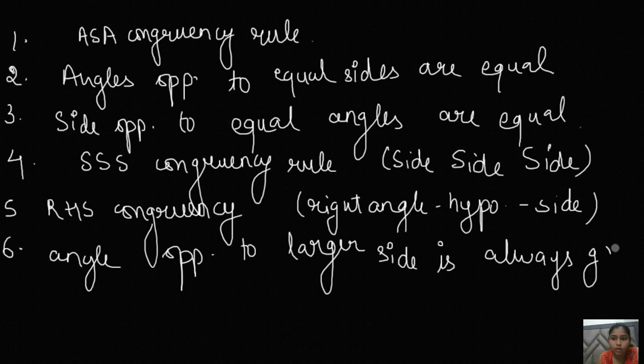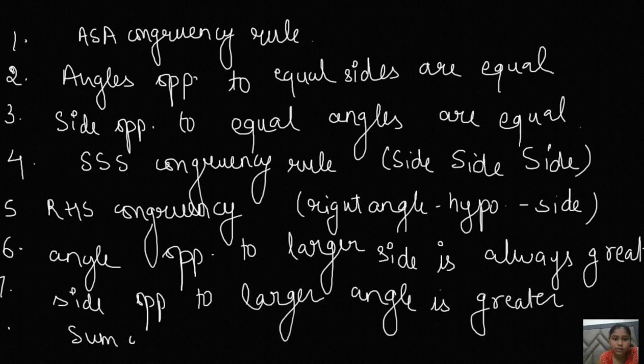Our seventh theorem was that the side opposite to the larger angle is greater. And our last theorem is that the sum of any two sides of a triangle is greater than the third side of the triangle.